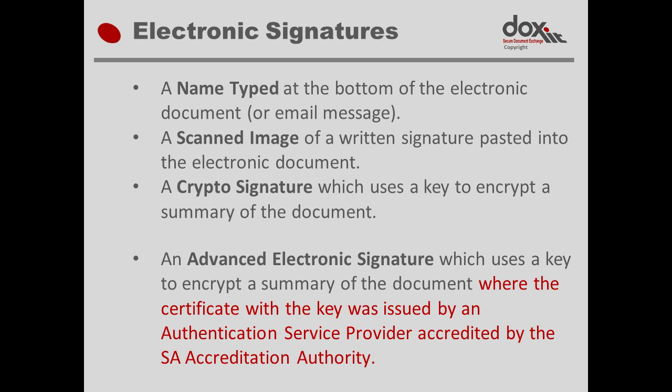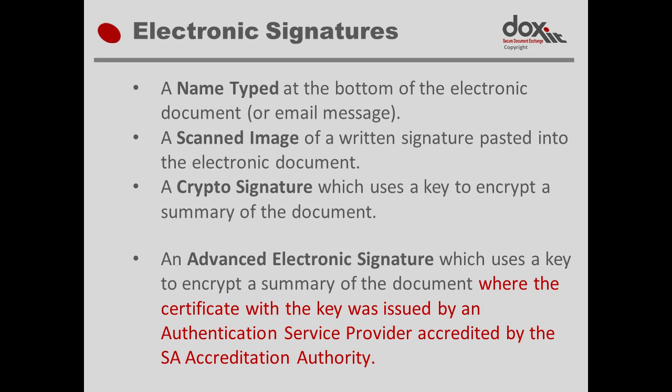It's important to understand that signatures that are added to an electronic document are also not equally secure. Signatures added to electronic documents may include a name typed at the bottom of an electronic document, or email message for that matter; a scanned image of a handwritten signature pasted into a document; a crypto signature, which uses a key to encrypt a summary of the document, where the certificate with the key could have been obtained from any certification authority; and a crypto signature, which uses a key to encrypt a summary of the document, where the certificate containing the key was issued by an authentication service provider accredited by the SA Accreditation Authority.